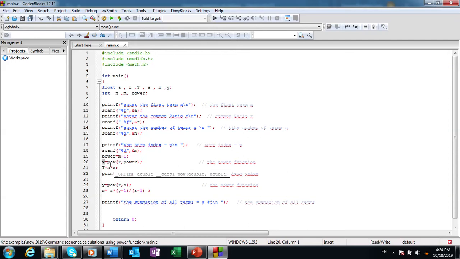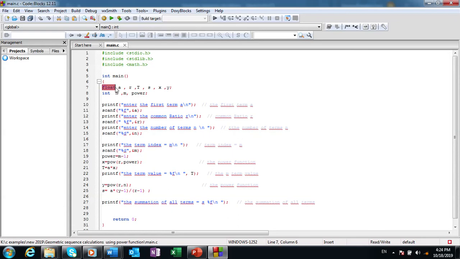So first I tell the user to enter the first term, which is stored in a, and enter the common ratio, which will be stored in r, and enter the total number of terms, which will be stored in the n variable. Note that this is an integer value, but this is a floating value, so this is the format for the floating, and r is defined as a float variable.